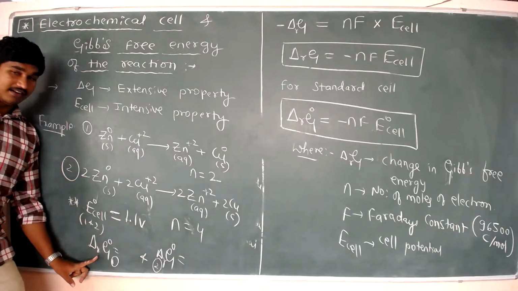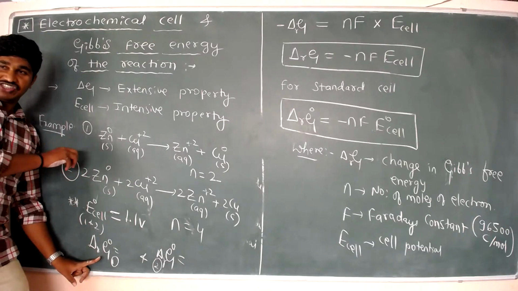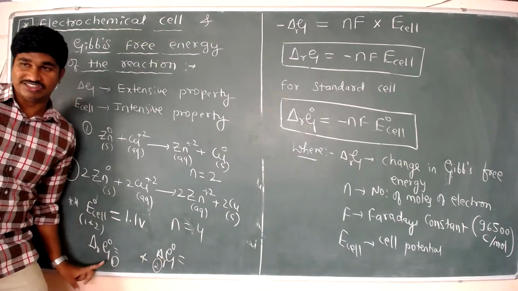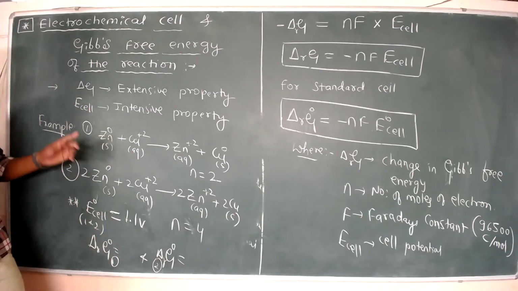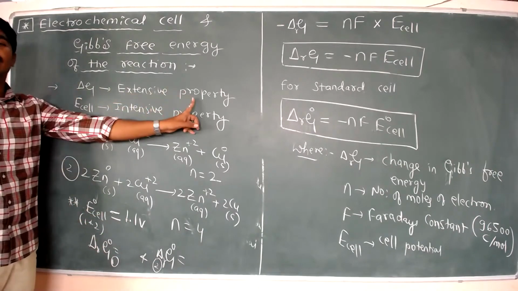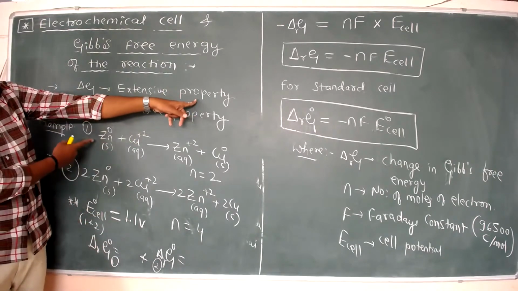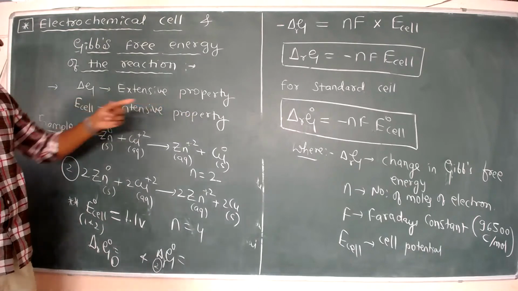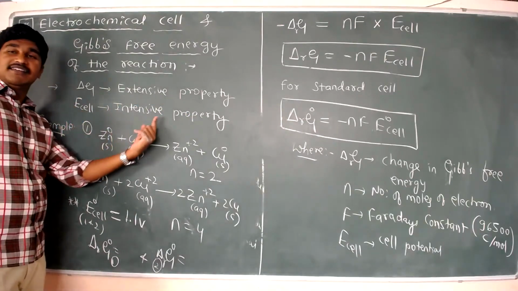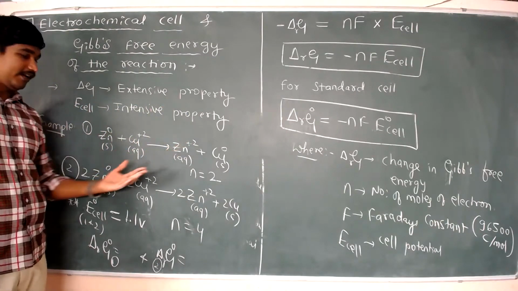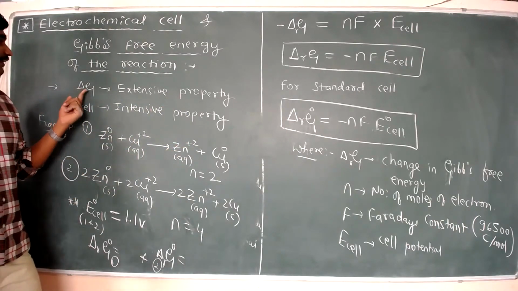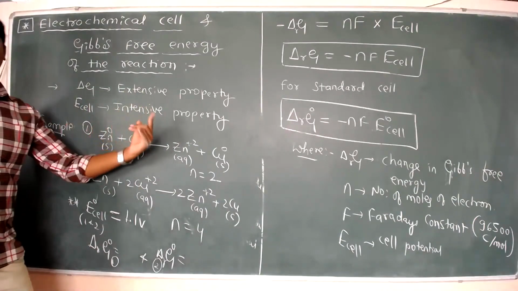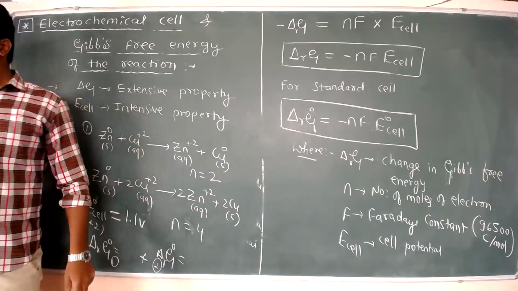As the amount of matter or amount of substance changes, delta G is changing, whereas E cell is the same. Therefore, I am writing that delta G is an extensive property. It depends upon the amount of matter, whereas E cell is an intensive property that does not depend upon the amount of matter. Clear? Delta G is an extensive property, E cell is an intensive property.